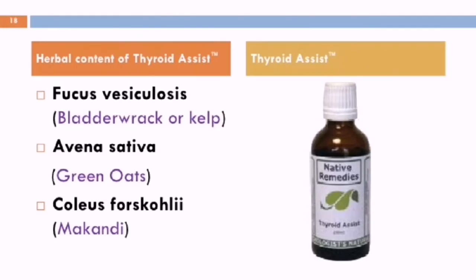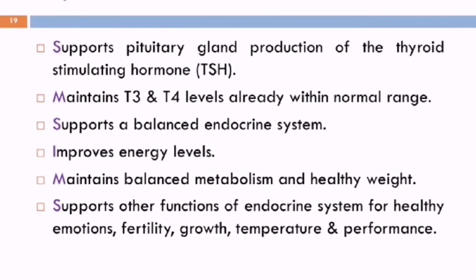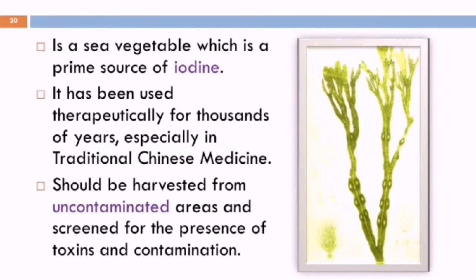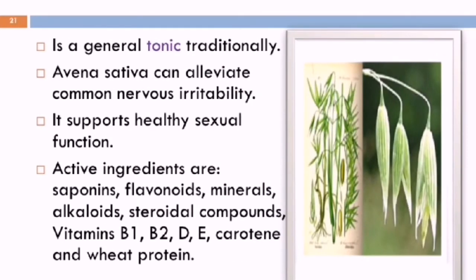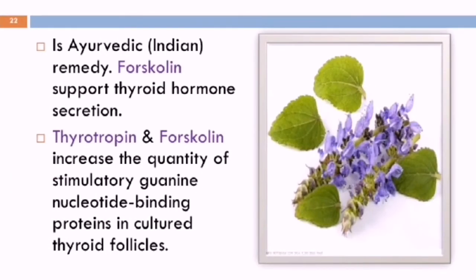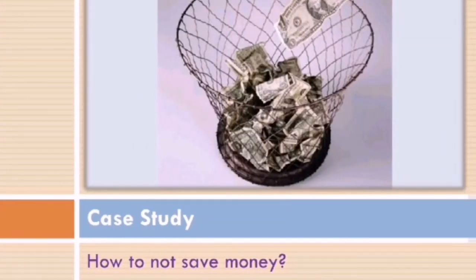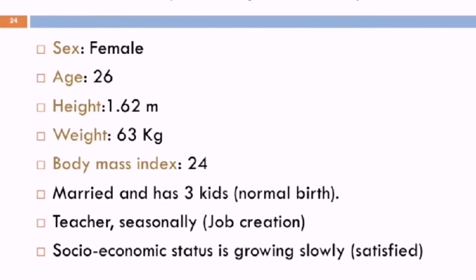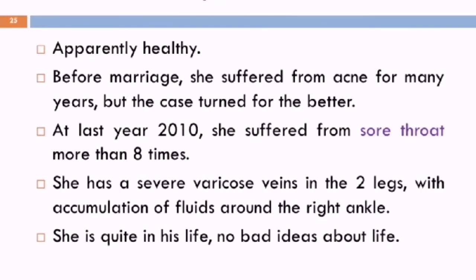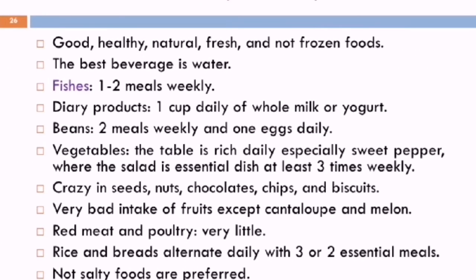Some herbal remedies, such as Fucus vesiculosus and Avena sativa, have some benefits. Now we discuss the plants and how important they are for hypothyroidism. Now some study about the assessment, the medical history of healthy and hypothyroid patients.